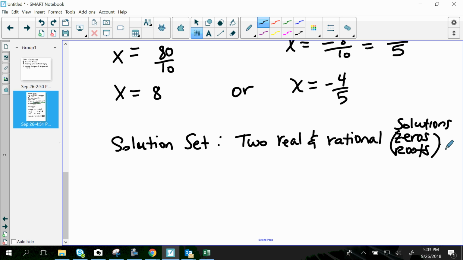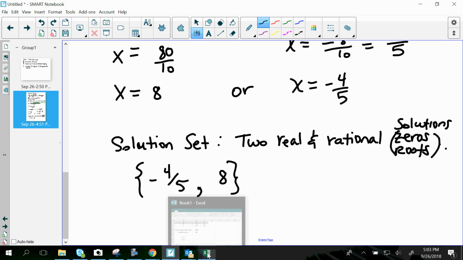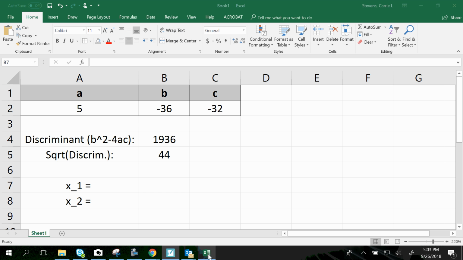Okay, different terminology for the same thing. That will be negative 4 over 5 and 8. Okay, those are real and rational. They can both be written as fractions, and there's no i part of it, no imaginary value. So let's go back over to Excel and finish carrying this out.